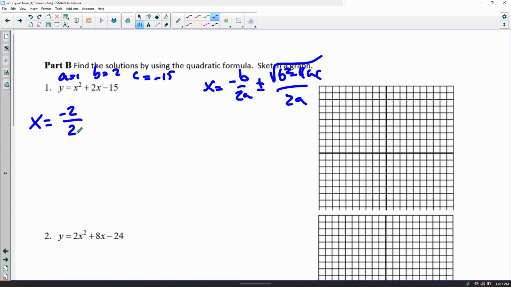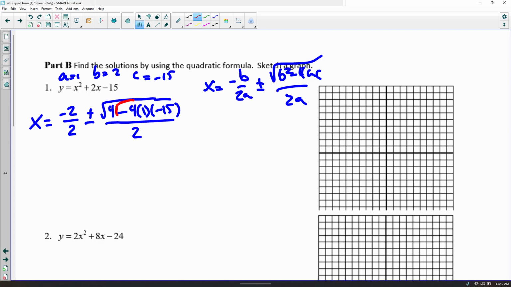No calculator. See that, Autumn? No calculator. You will not have a calculator on the test. Well, there'll be a calculator section, but it won't be doing this. All right, now, plus or minus the square root of B squared, which is 4, minus 4 times 1 times negative 15 all over 2 again.